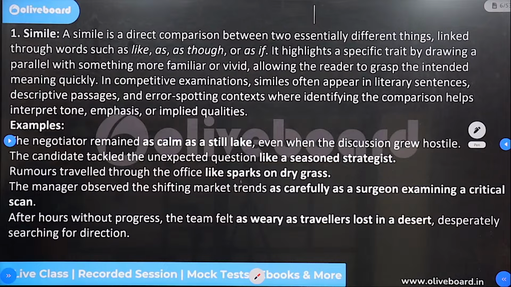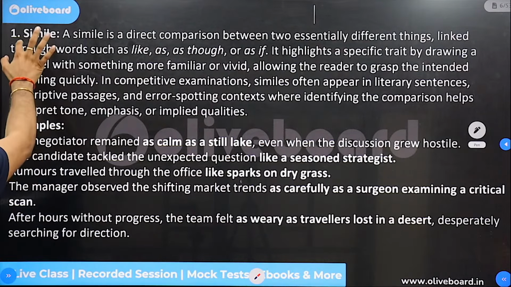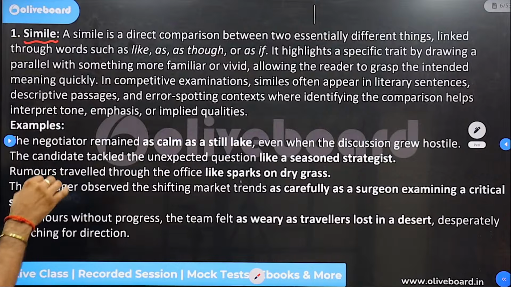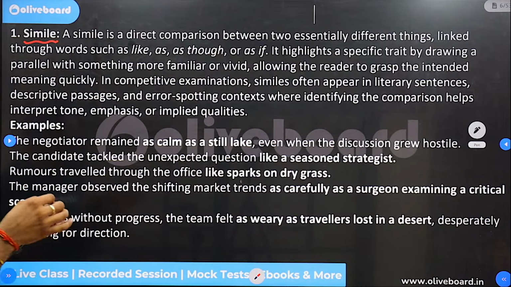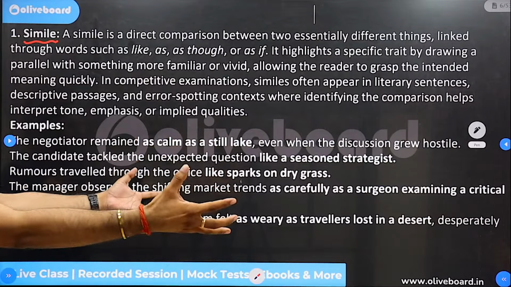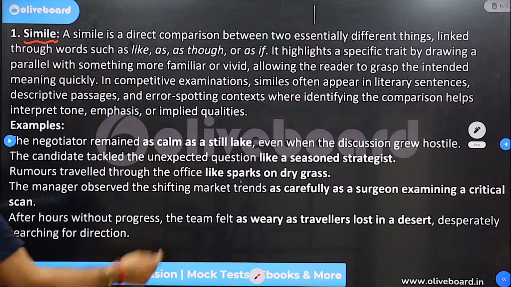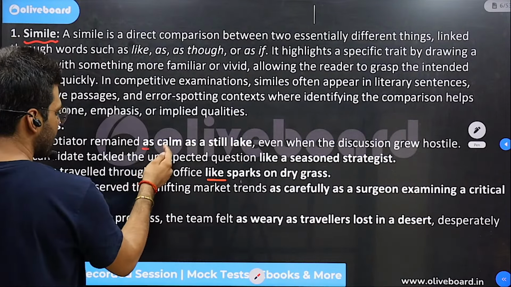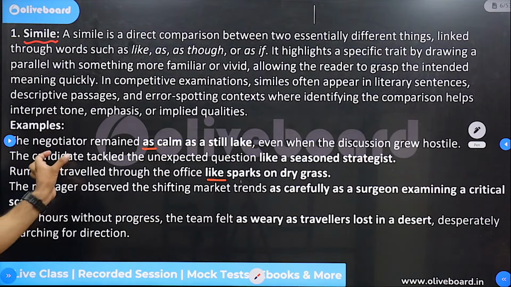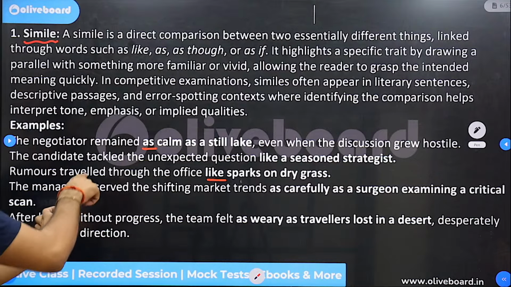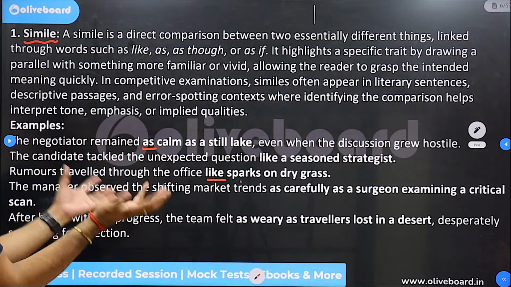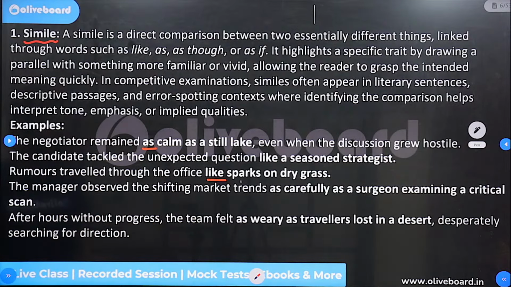Okay. So the first one, simile, all of us are familiar with, which shows similarity, usually identified with the markers as or like, where we compare one thing with another, especially of a different kind. I repeat, especially of a different kind, not the same kind.